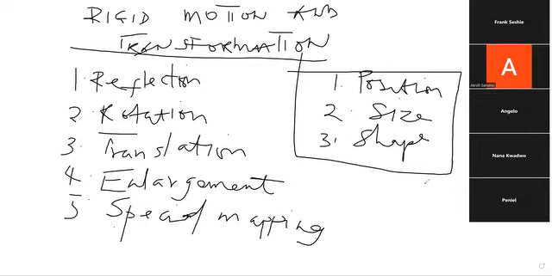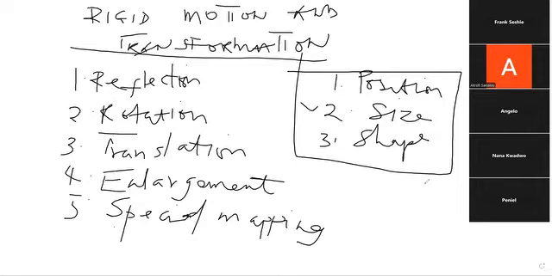So we can also look at changes with respect to size. If we say changes with respect to size, it means that there are some changes that the shape will undergo which will change the size of the shape. So when I talk about changes, we are looking at two things: the object and the image.